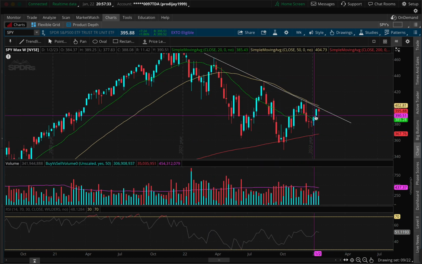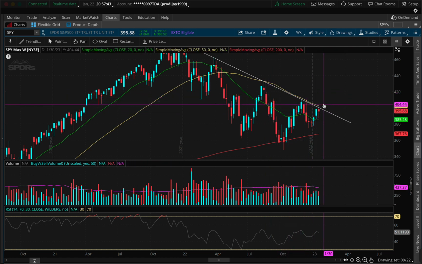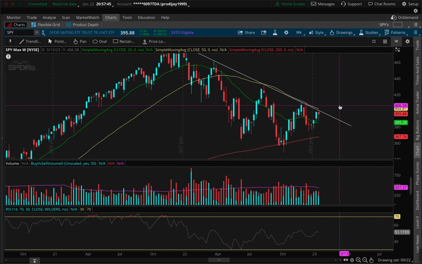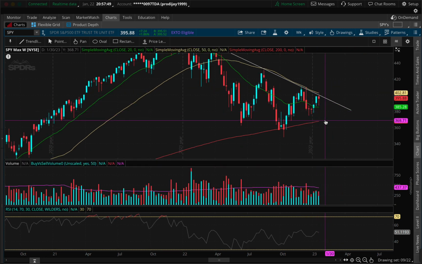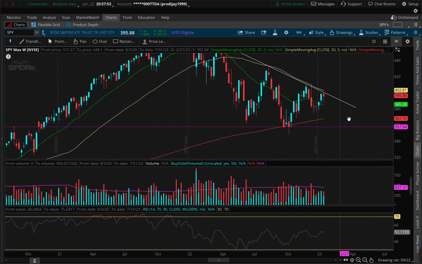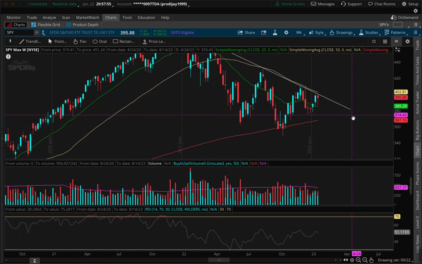They're not something that I completely rely on, but you can see on the 50 we're rejecting it, not perfectly, but if we get above the 50, I'll be pretty bullish. If we reject the 200 eventually on the macro, I'll be pretty bearish. But so far, we have not yet done that.